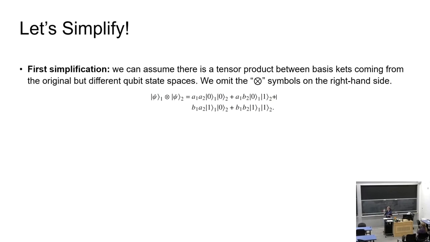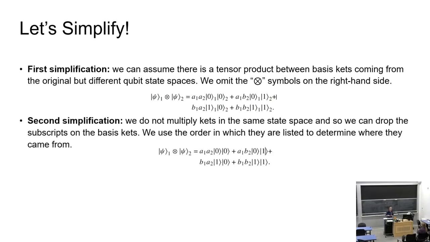So we're going to just omit the little tensor product symbols on the right-hand side of the expression we just wrote. That simplifies to what we have here. The tensor product of our 2 qubits is just as written, where the tensor product symbols have been eliminated.